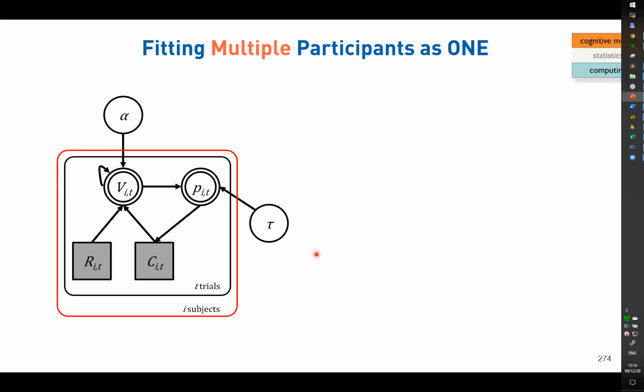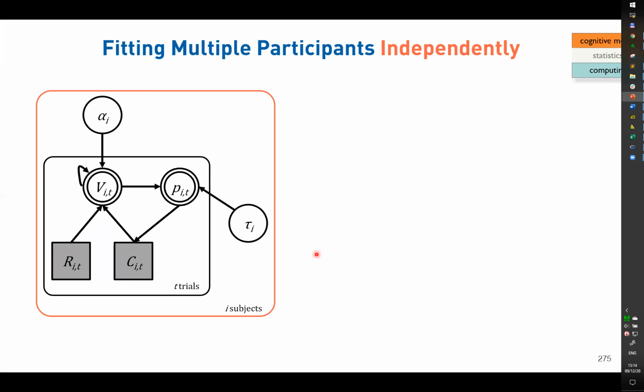And you could imagine, well, this is not realistic because people are different and they might learn the task quite differently. So the next approach is usually to fit them independently. If you see here, there's the circle, the same, this is the subject circle, but it is much larger in the sense that it also includes the two parameters inside of the subject loop.